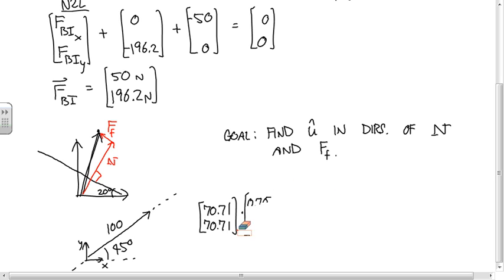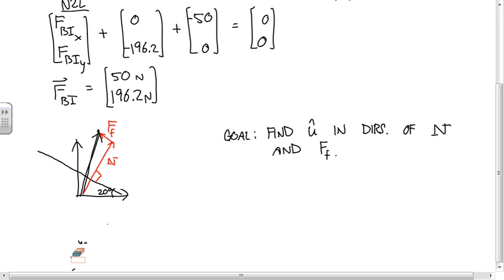Okay, so the next challenge, well, anybody have any more questions about that projection thing? The next challenge is coming up with unit vectors that are in these directions.